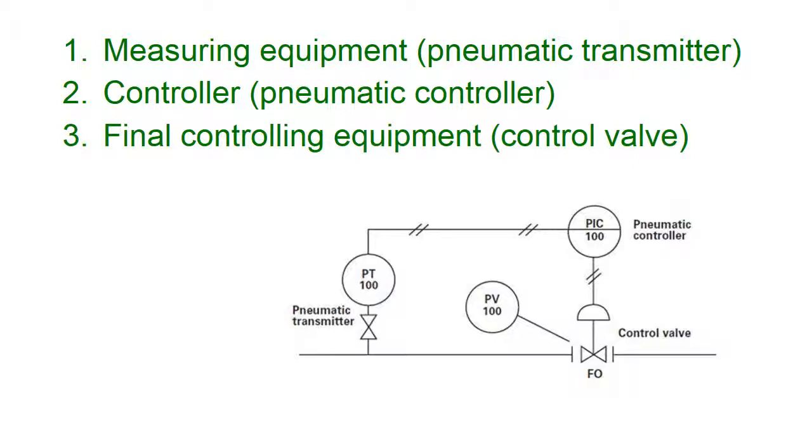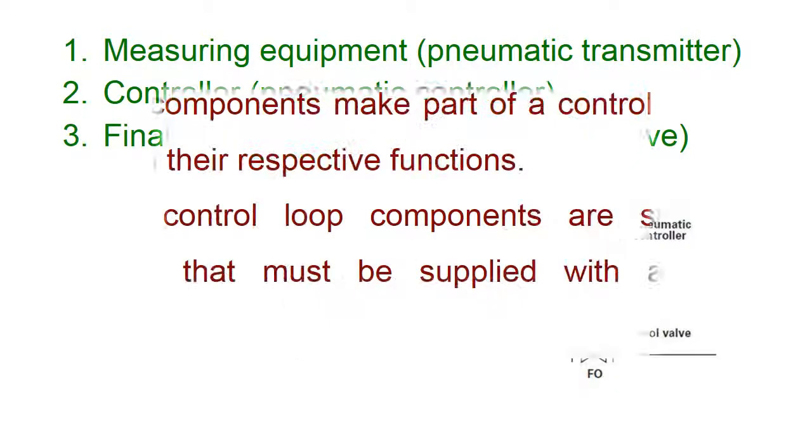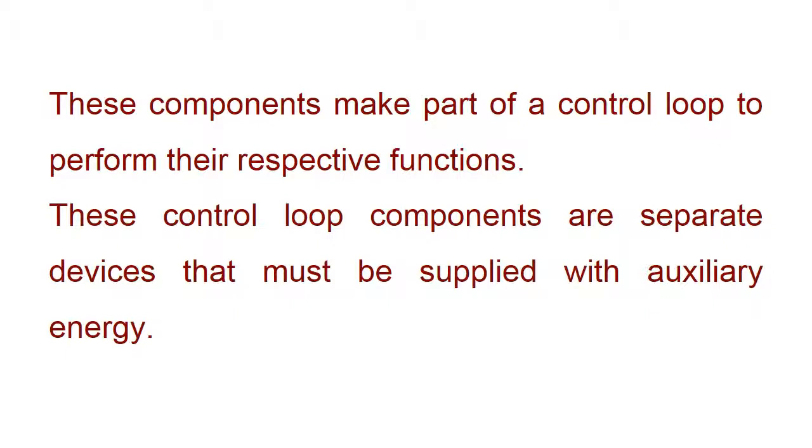Three, final controlling equipment, control valve. These components make part of the control loop to perform their respective functions. These control loop components are separate devices that must be supplied with auxiliary energy.